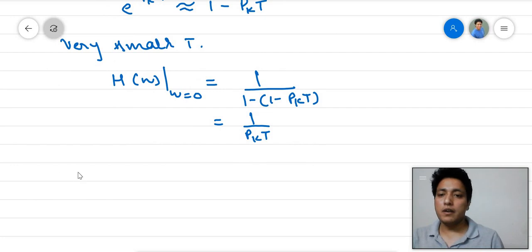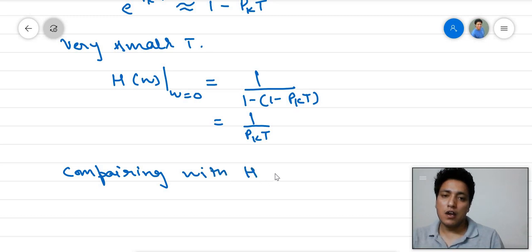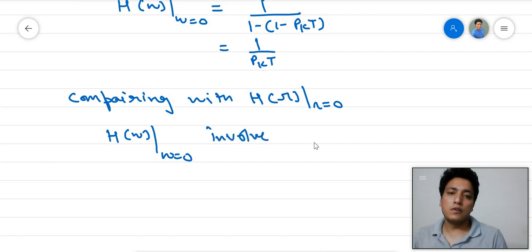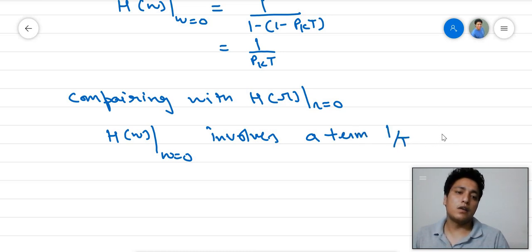Now comparing with h omega at omega is equal to 0, h omega at omega is equal to 0 involves a term 1 by t.